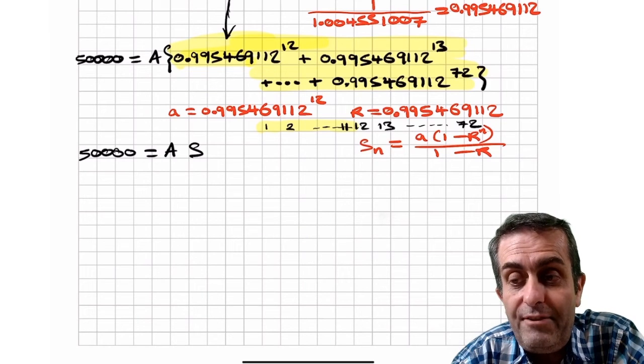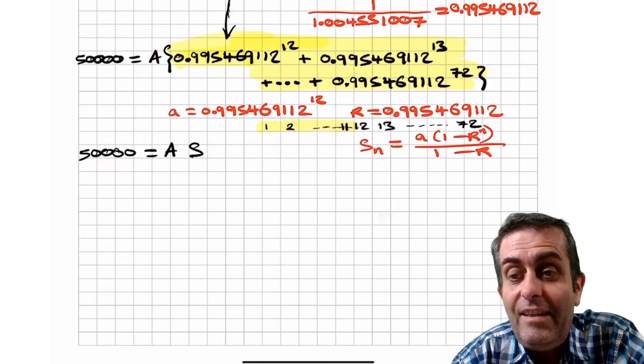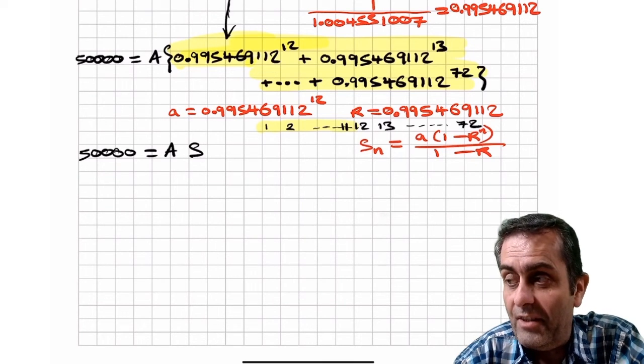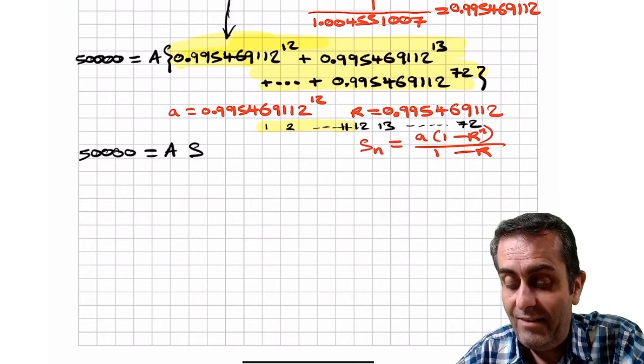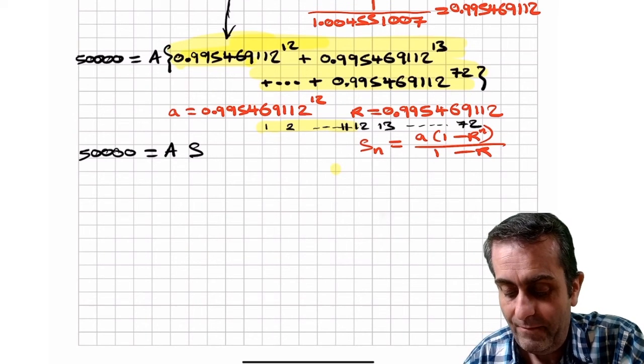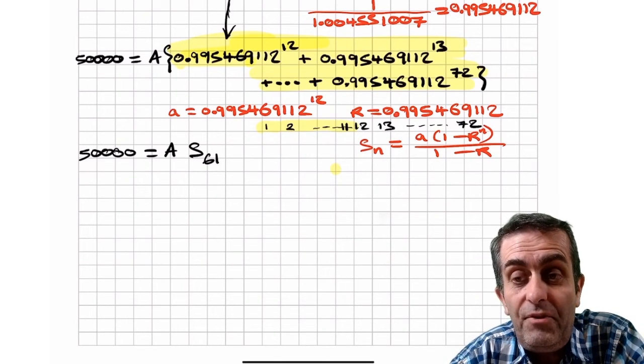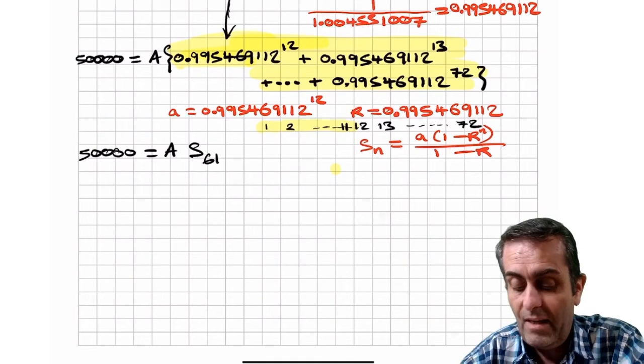But clearly from 1 up to 11 is missing. So 72 minus 11 is 61. So there are 61 terms in this series. A lot of people would accidentally make the mistake of putting down 60, taking 1 year away from 72, but you're actually taking 11 payments away.